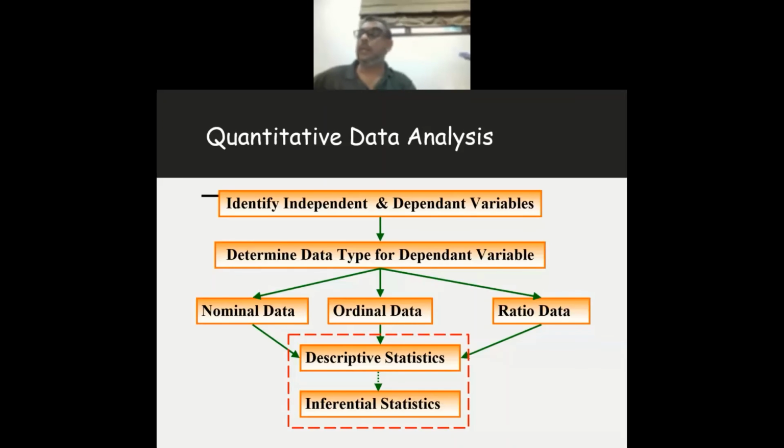You can do your correlation coefficient. That comes under inferential statistics. If you do central tendency, mean, mode, median, the simple ones, that comes under descriptive analysis. Frequency table, descriptive analysis.